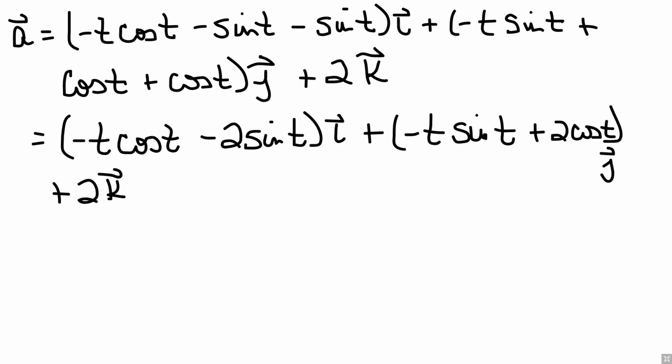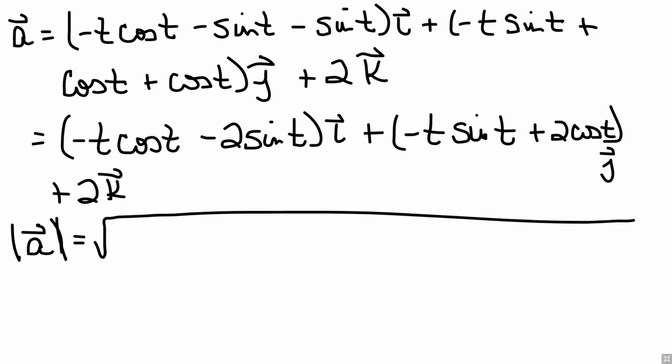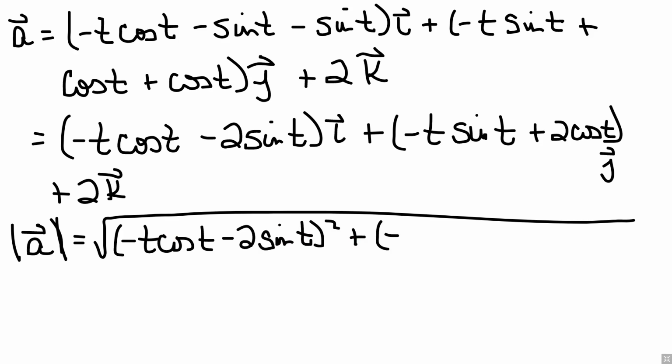Now let's look at the magnitude. We're going to have the square root of negative t cosine of t minus 2 sine of t, squared, plus negative t sine of t plus 2 cosine of t, squared, and then 2 squared, which I'm just going to put as 4. Again, there's no short way of doing this. You just have to multiply it out.